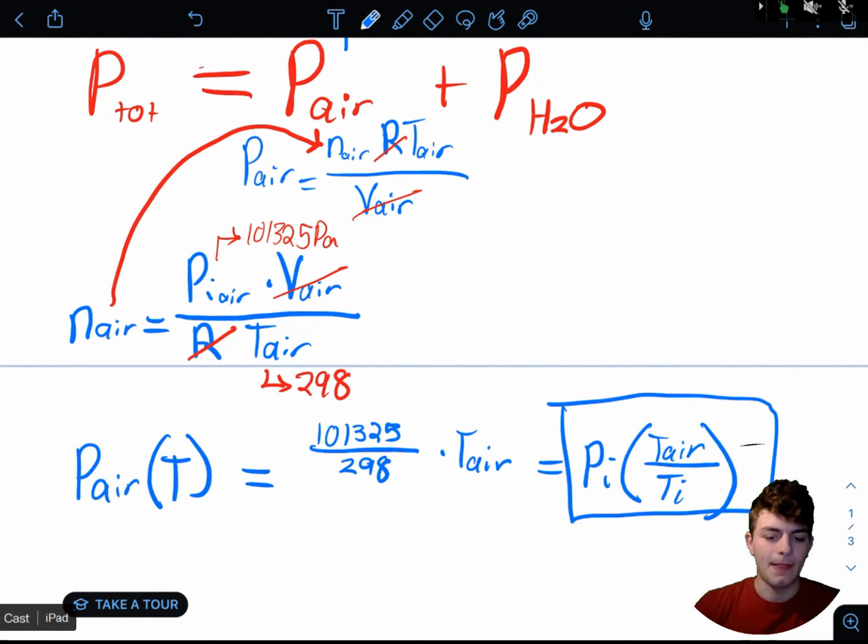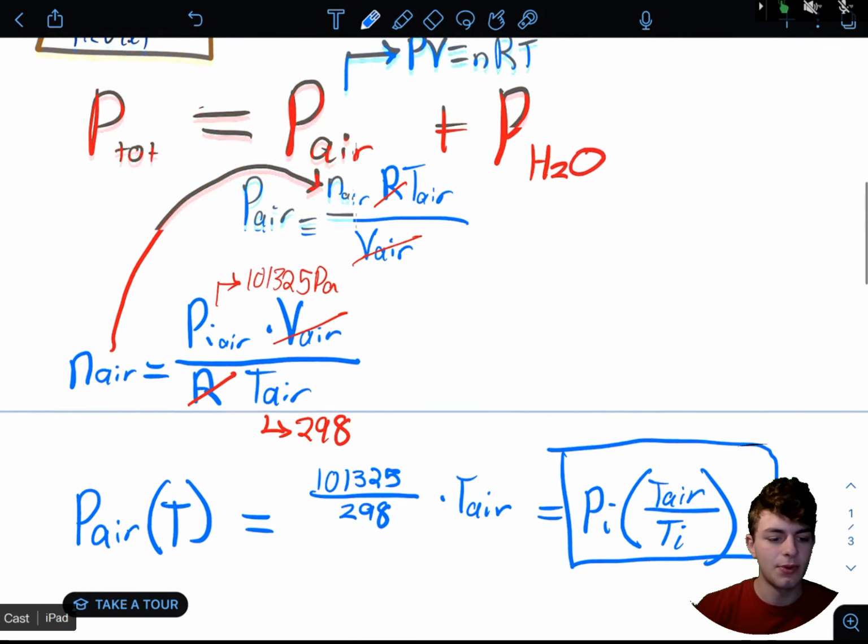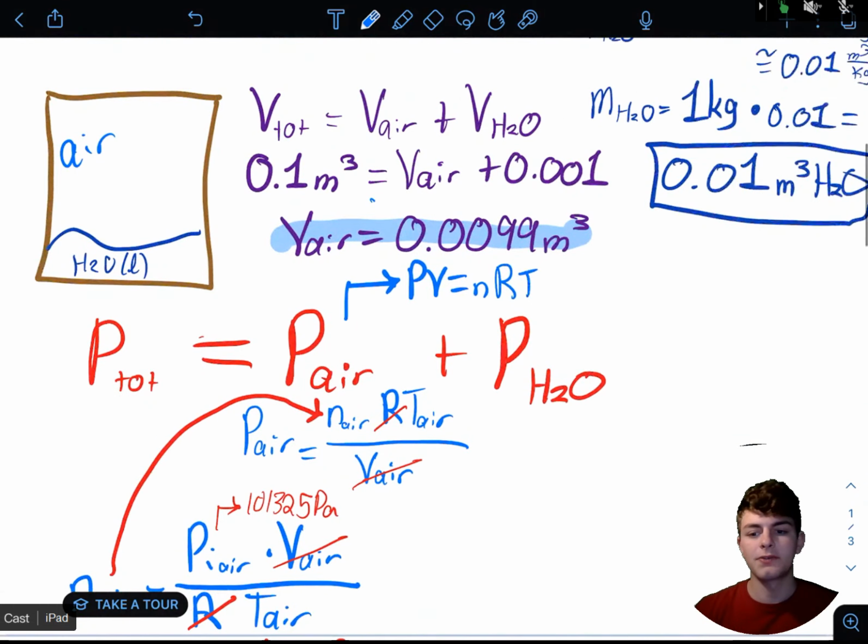Okay, cool. Now let's move on to the partial pressure of the water in this scenario. First, I think it's important to mention that for the partial pressure of the water, we're looking at the interphase here. And I discussed the interphase in my previous video, so I'm not going to jump into it too far.